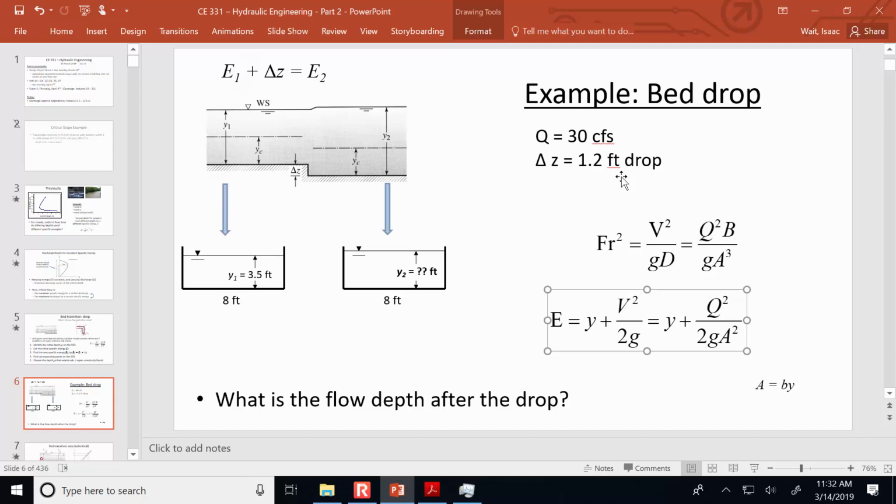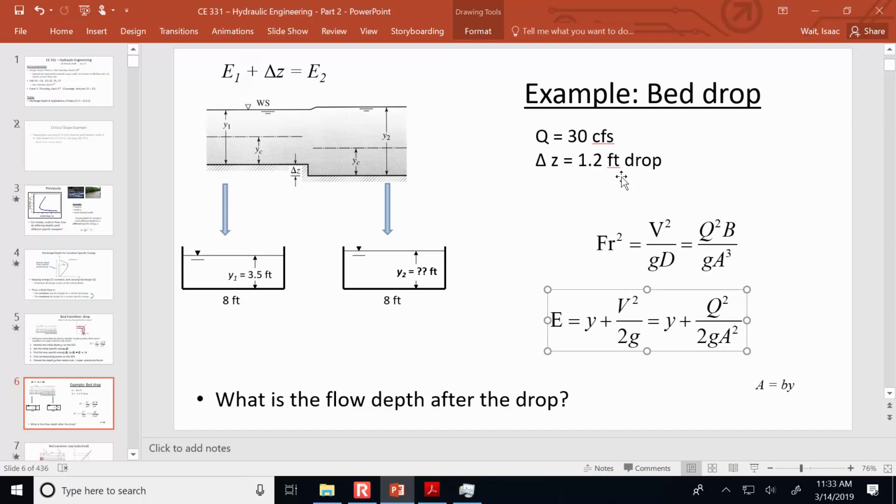And by Q squared divided by 2GA squared, we can substitute that a little bit further. What we can say is that that is the Q in this problem, 30 cubic feet per second, so 30 CFS squared divided by 2 times 32.2 feet per second squared, so 2GA squared.